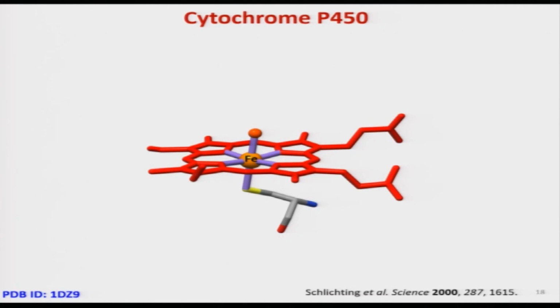The fifth position is bound with cysteine sulfur, and the sixth position is a weakly coordinated water molecule on the iron center, and the iron is iron(III), very similar to what you have seen in the case of catalase and peroxidase.